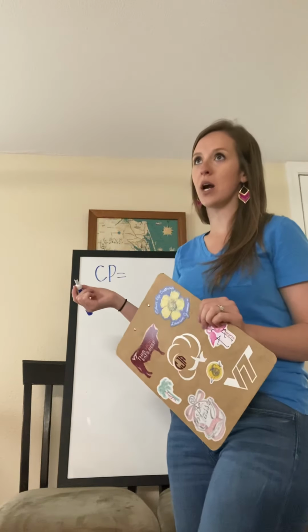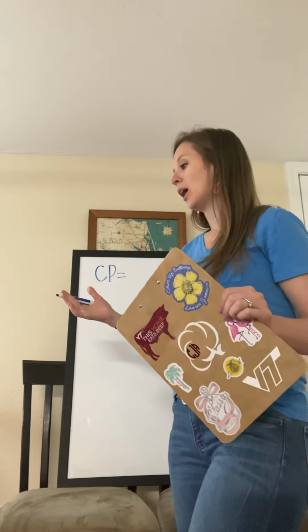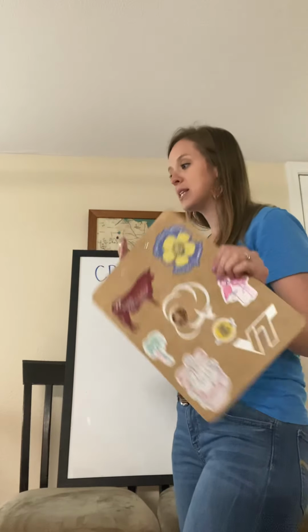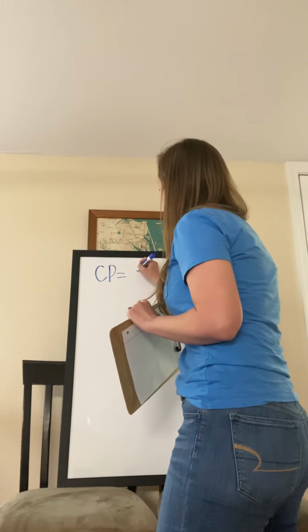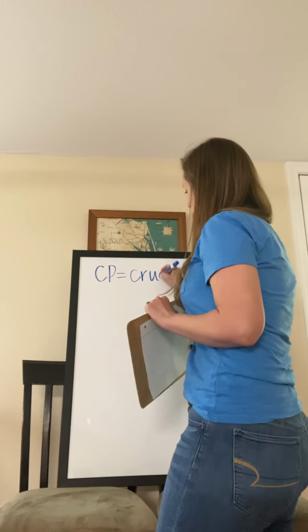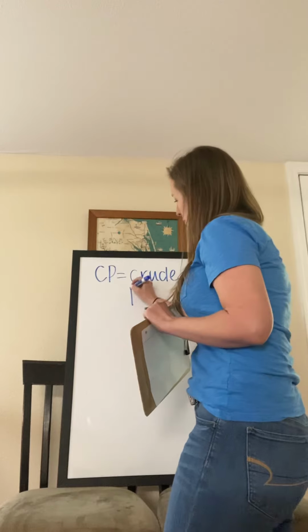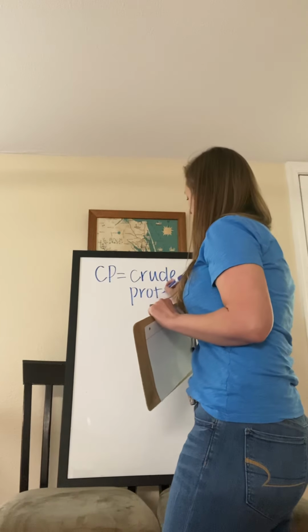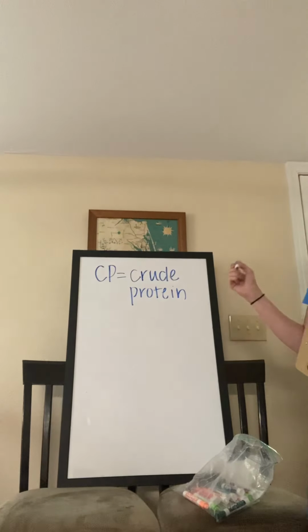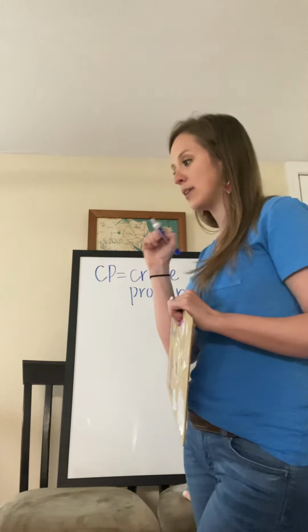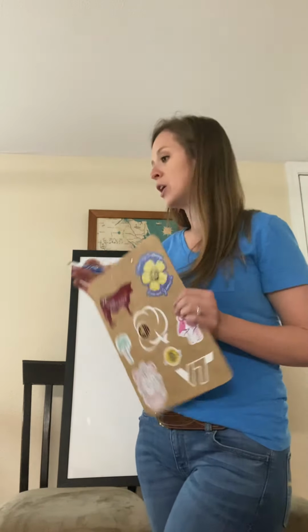That's kind of what we're trying to figure out, how to mix these things based on how much crude protein they have. So CP equals crude protein. Okay, so make sure that you remember that as you see that throughout your practice problems.